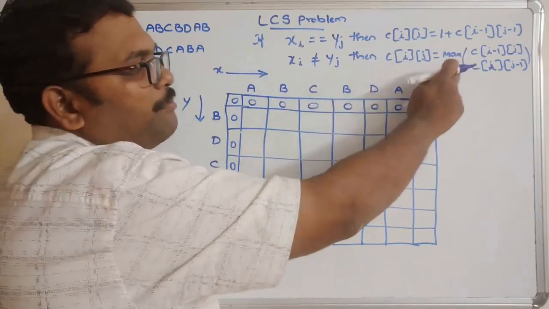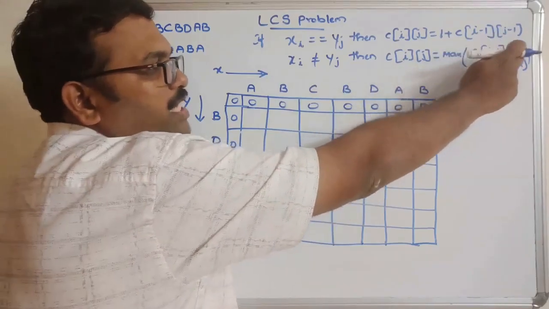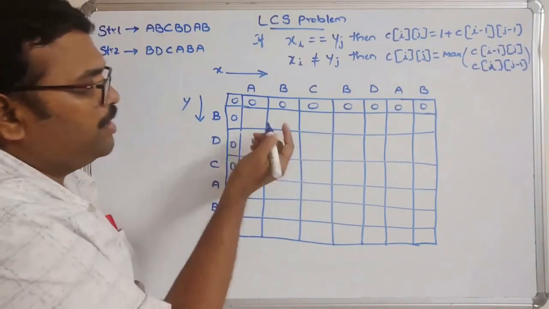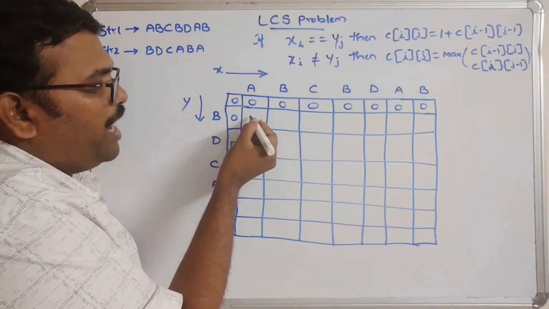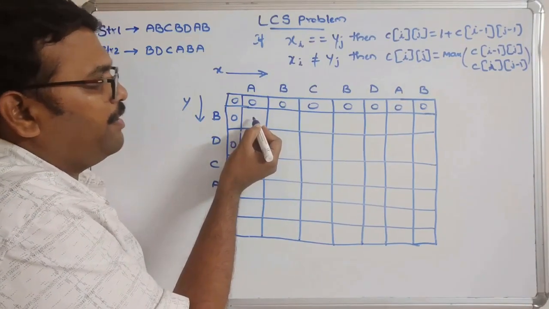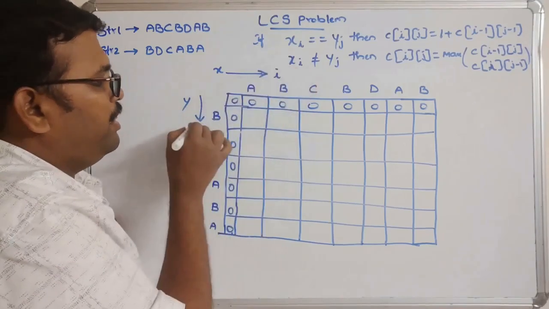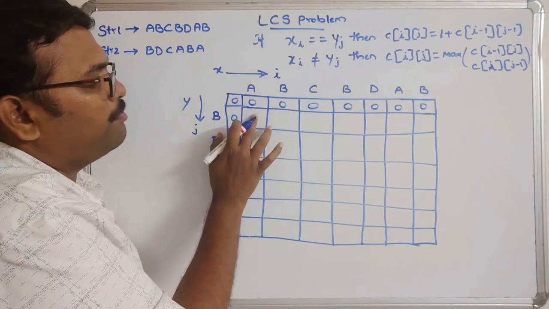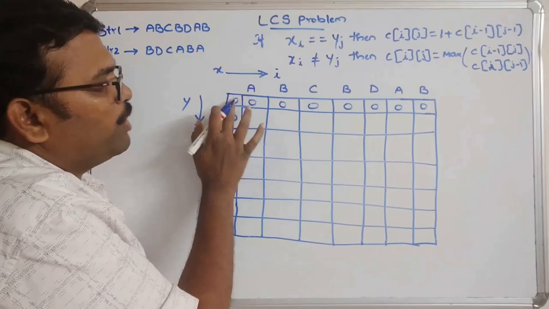So we need to consider the maximum of cost of i minus 1, j and i, j minus 1. So let it be i and let it be j. i minus 1 means this one.